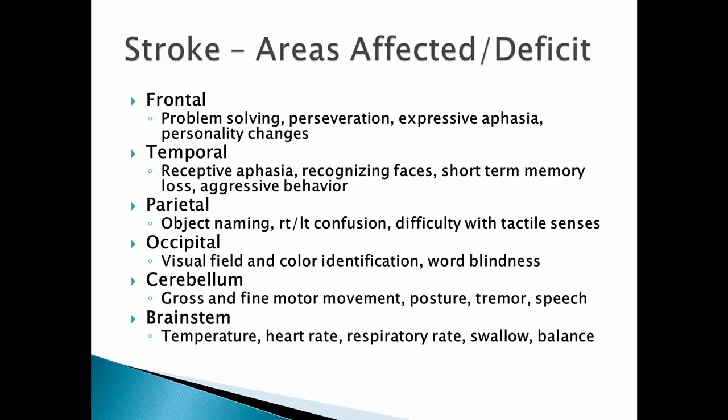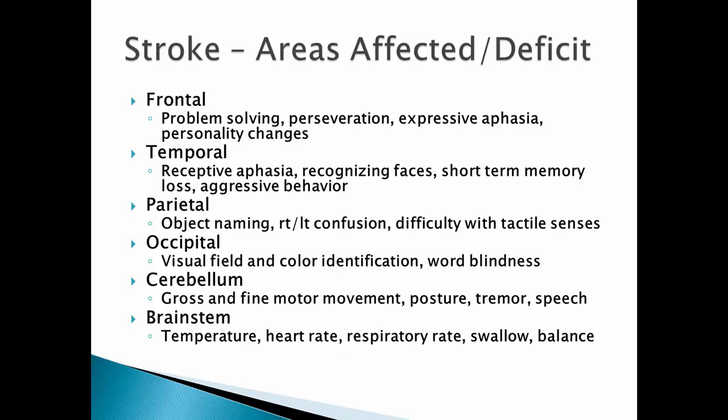So when we think about the frontal lobes, if that area is affected, we would see problems with problem solving. You might see someone with perseveration, which is when they keep saying the same thing over and over.